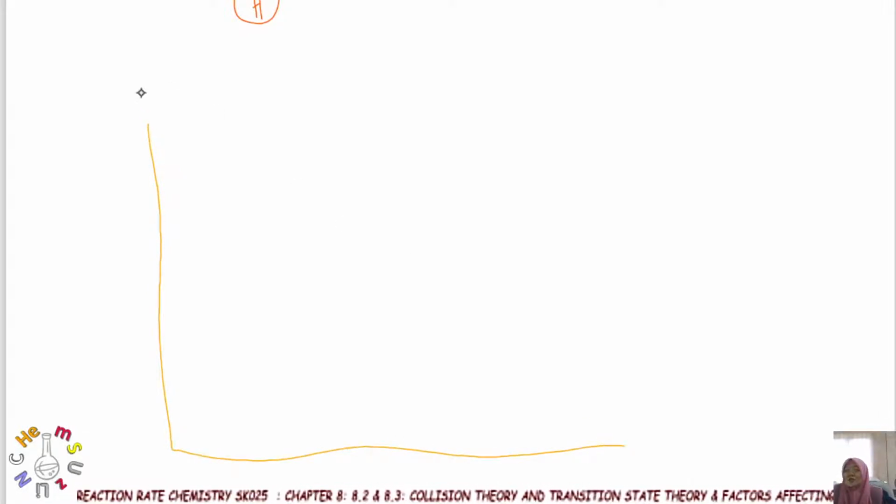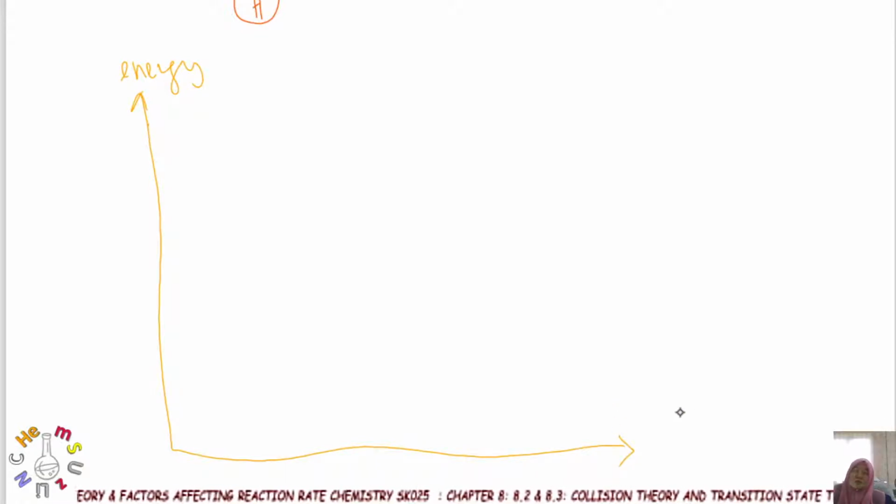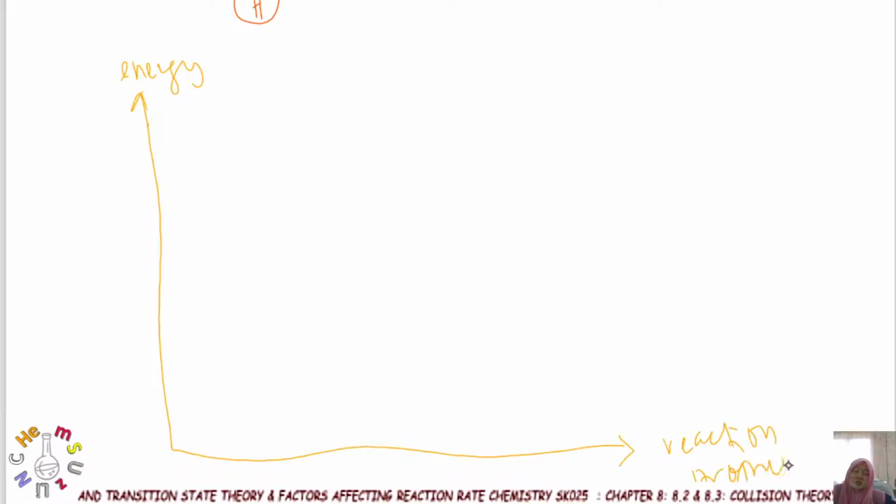Paksi. Elok pun tak apalah. Ada energi, lepas tu ada reaction progress. Okay. Curve dia macam mana?